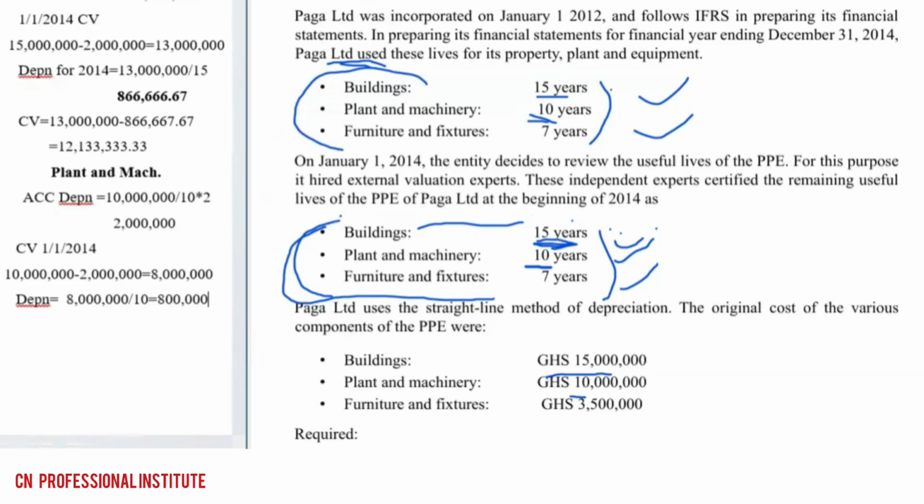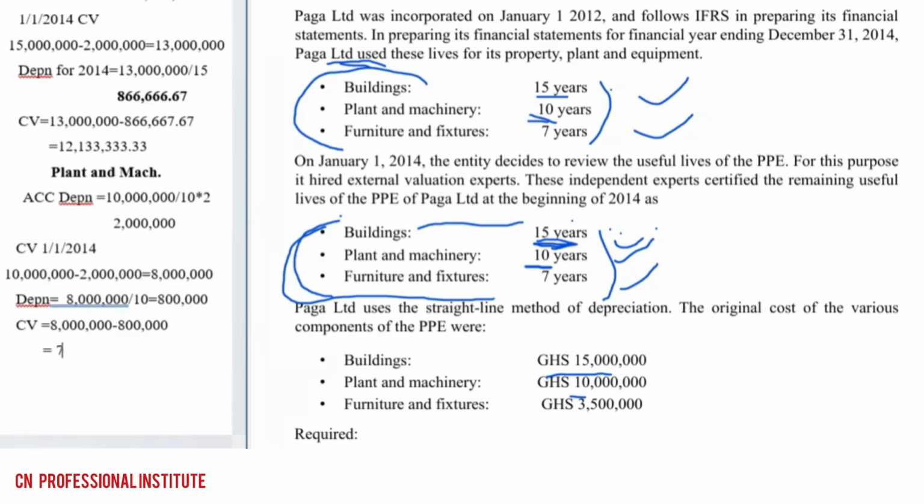Okay, so we deduct this one, and here we will get 800,000. So the depreciation will be 800,000. You take the 800,000 from the 8 million, so we are going to have the 8 million minus the 800,000, and that will give us the current value, which we are going to record in our financial position.